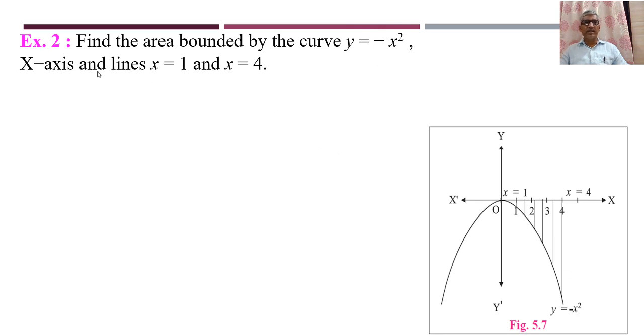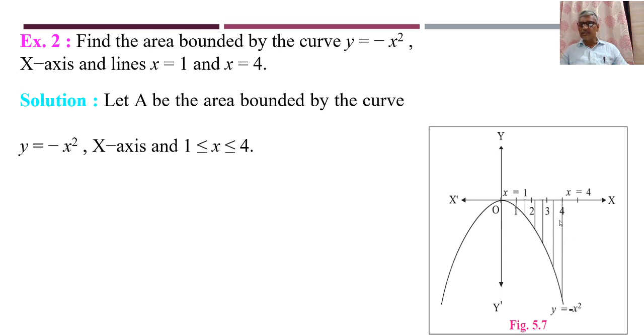Initially the line on the x axis is x equal to 1. See here, x equal to 1 and x equal to 4, like this. Then with these lines of 1, 2, 3, by drawing this, we get the shaded region, then find its area.